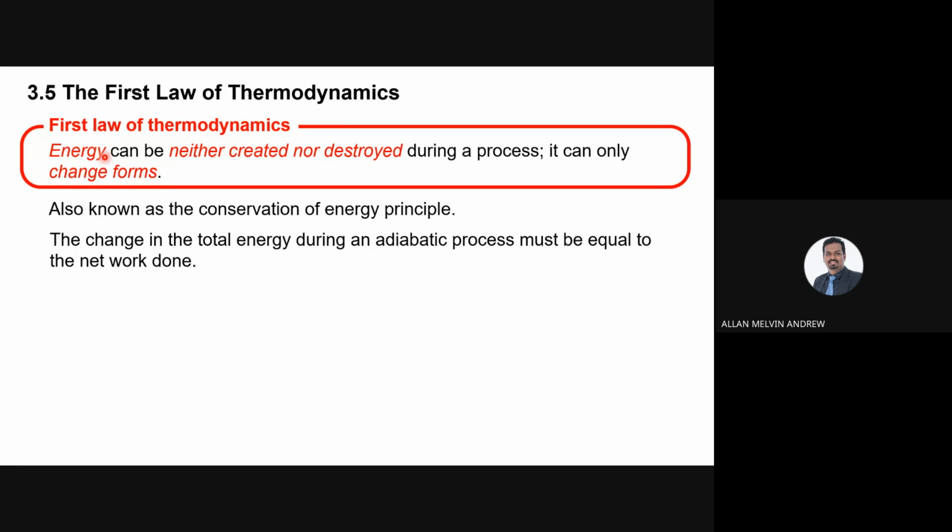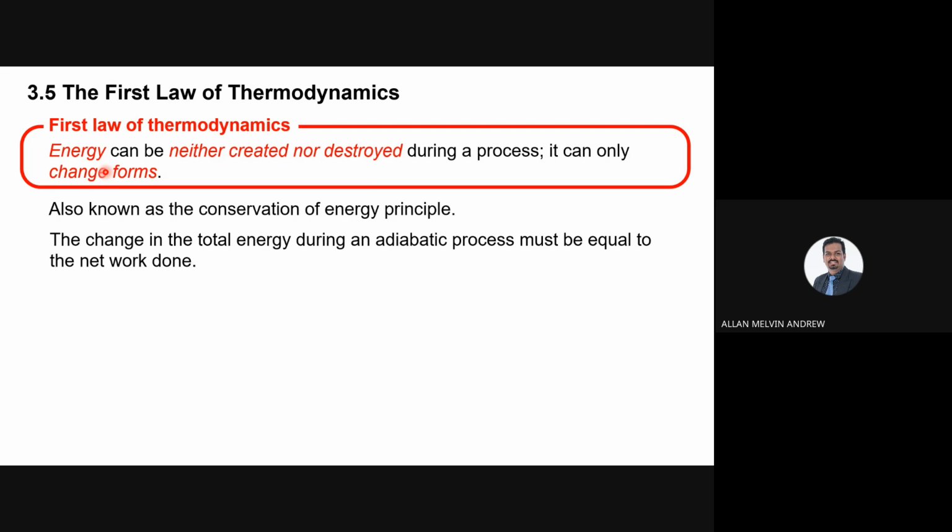So bear in mind, according to the first law of thermodynamics, energy in this world, you cannot create new energy, or destroy energy that already exists during a process.